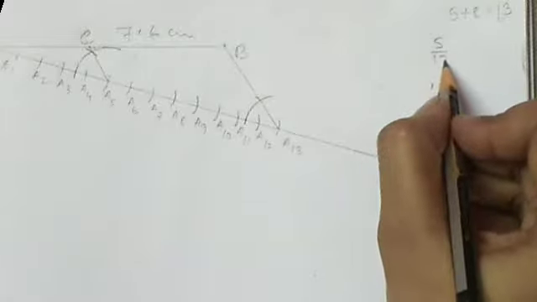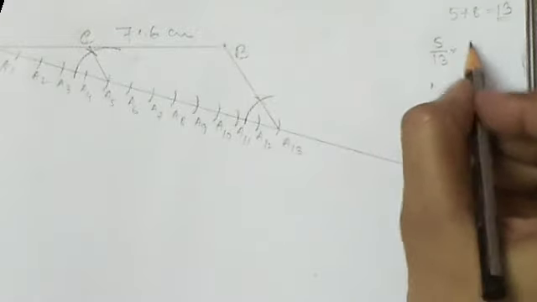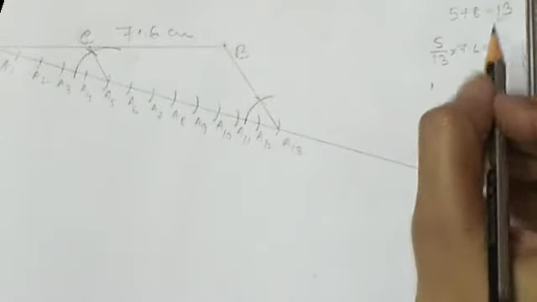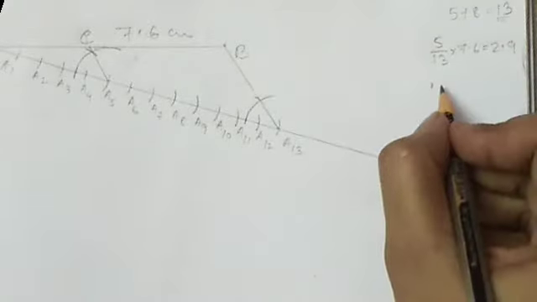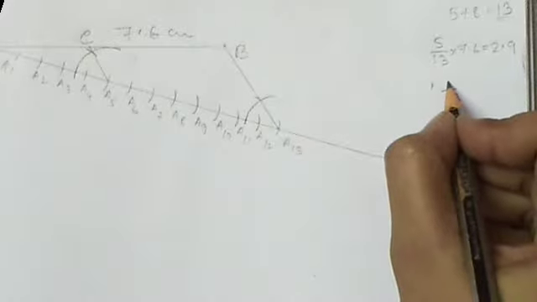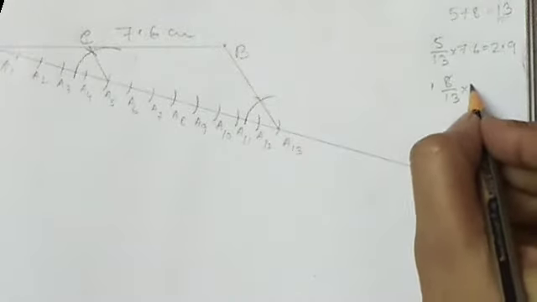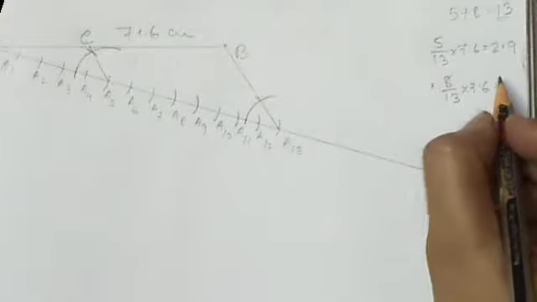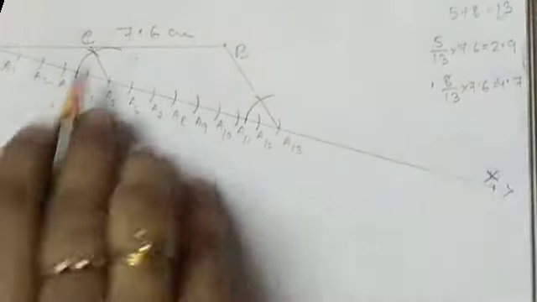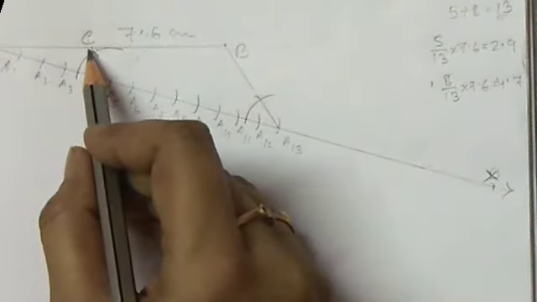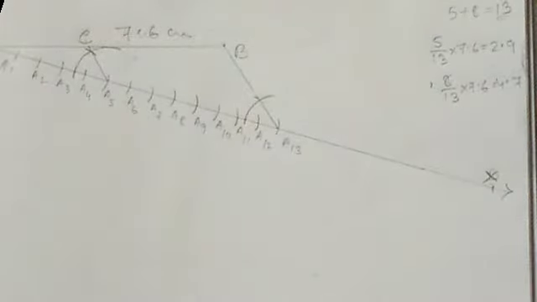So out of 13 if you take 5 parts of 7.6 it must come 2.9, and out of 13 if you take 8 parts of 7.6 here must come 4.7, so that altogether gives you 7.6. So that means this part must be 2.9 and the other part must be 4.7, so that you get 7.6.